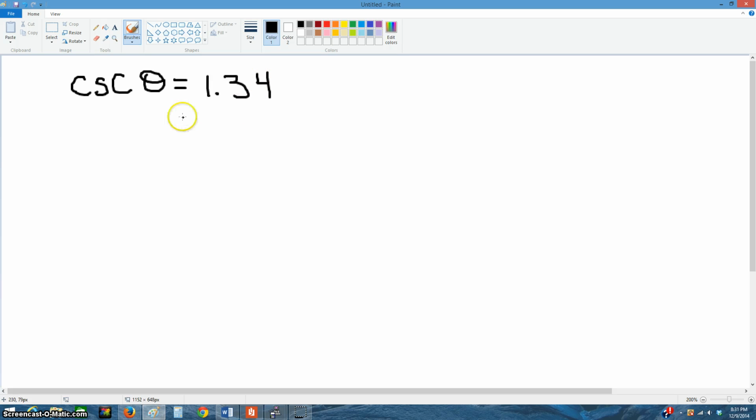Okay, so we don't have a cosecant button in our calculator, but we do know that cosecant likes to pair up with the original trig, its partner or reciprocal, which happens to be sine.